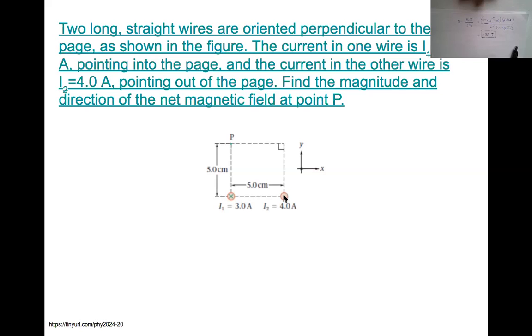Now it's asking what would be the magnitude and direction of the net magnetic field at point P. By one single wire, you will have one magnetic field, and by a second wire, you'll have a second magnetic field. So let's take a look at this one here.